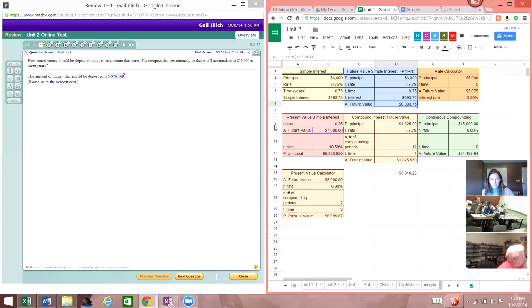I don't know why we missed this one, because we want to know how much we should deposit. So I should have put, we want to end up with 11,000. I guess we can look at the video to see what we did wrong. And then compounded semi-annually, 4%. So 4, semi-annually, 3 years. Well, that's what I got, 9,007.